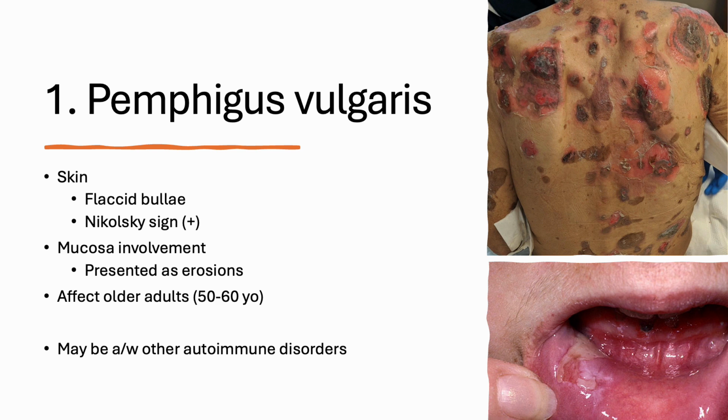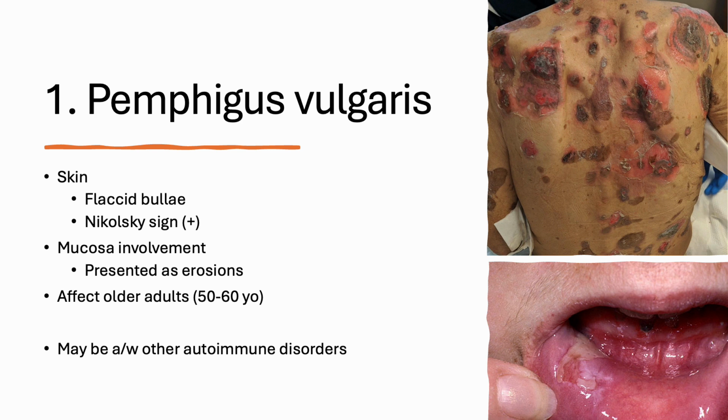Because the bullae are so fragile, whenever there is friction between the skin and the cloth, those bullae just rupture. Also, there is a positive Nikolsky sign. What does that mean? Basically, when the skin looks erythematous and you push the skin with your finger, the skin shears very easily to show an ulcer or erosion.